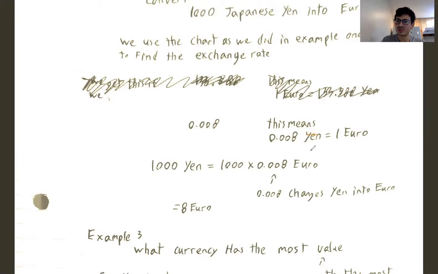This is going to be 0.008 euros is going to be the same value as 1 yen. I wrote those values backwards. So 1 yen is going to be the same as 0.008 euros.